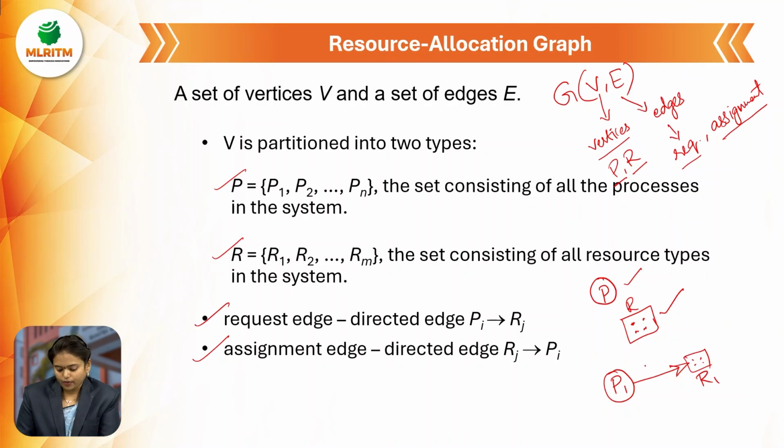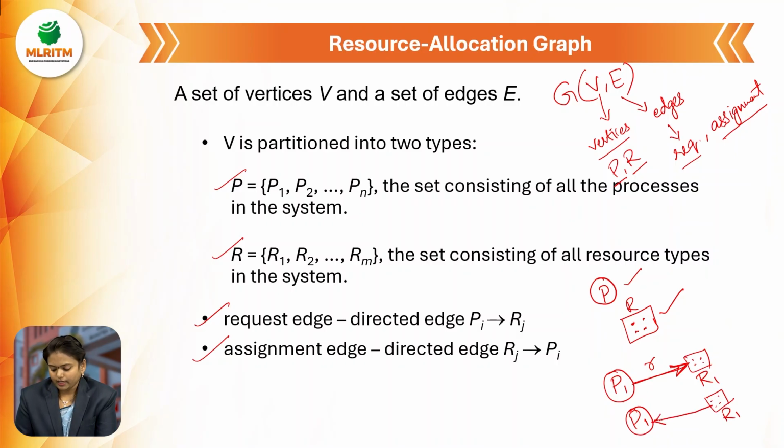Here P1 is requesting an instance of the resource type, any instance or multiple instances based on the requirement of that particular process. This directed edge is a request. Process P1 is requesting an instance of resource type R1.